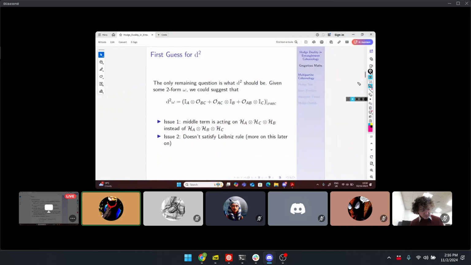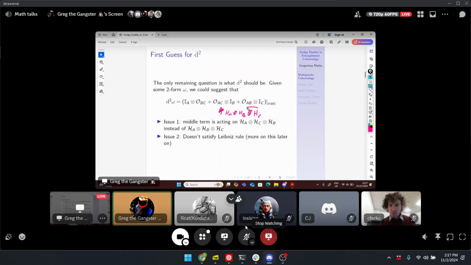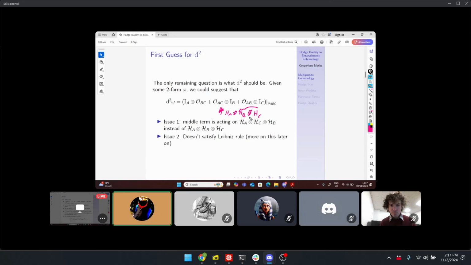However, there's a couple of problems here. First one is, if you look closely at this middle term, this isn't actually acting on HA, HB, HC, it's actually acting on HA, HC, HB. So it's acting in the wrong order, basically.